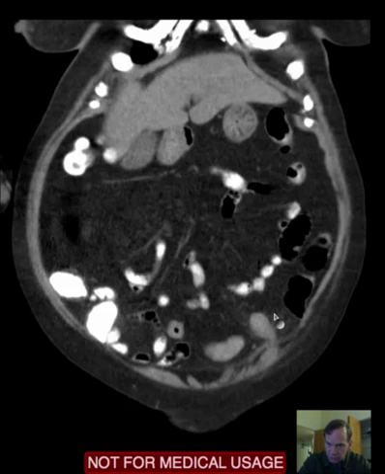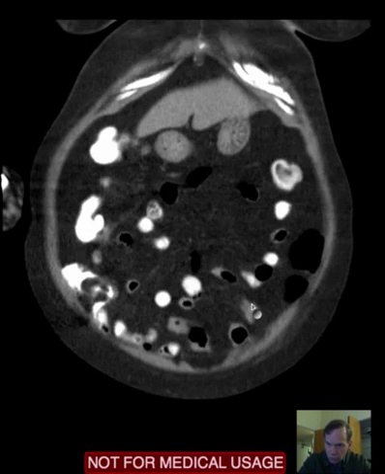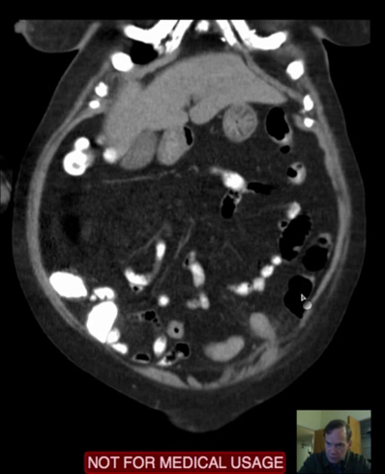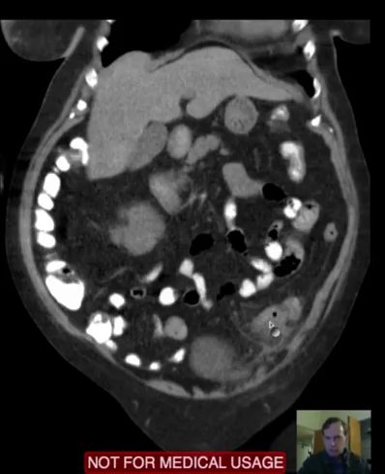See, if you follow it more distally, you have a thin wall, and if you follow it more proximally, you have a thin wall. So that segment of colon is inflamed.